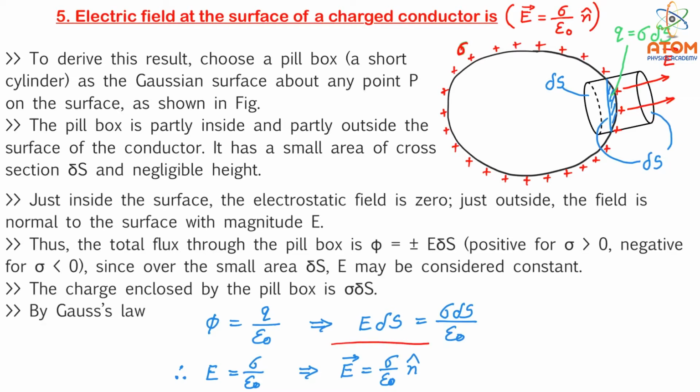So here is the proof of this important point, that the electric field on the surface of any charged conductor is always E is equal to sigma upon epsilon 0. Mind well, this is the electric field only on the surface. If you go away from the surface, then this electric field will start decreasing.